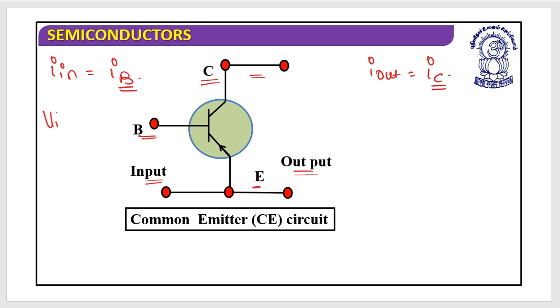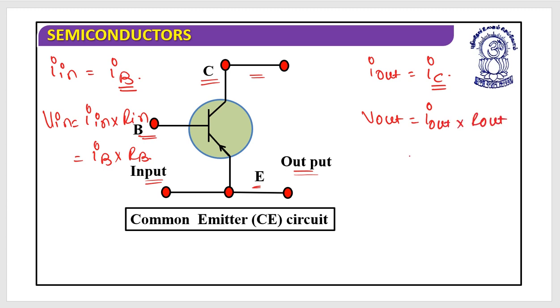The V input is I in multiplied by R in, which is IB into RB. The V output is I output multiplied by R output, which is IC into RL. I hope this is clear.